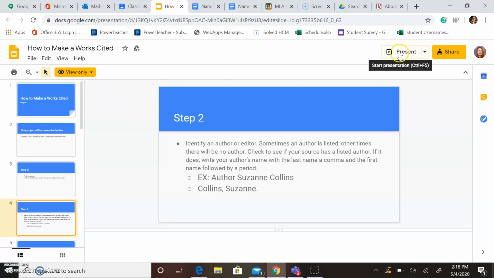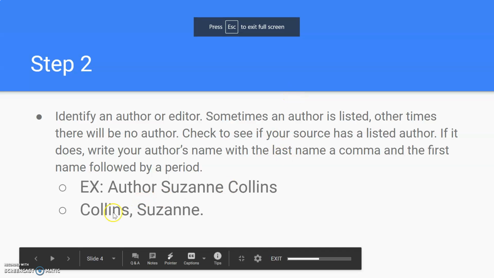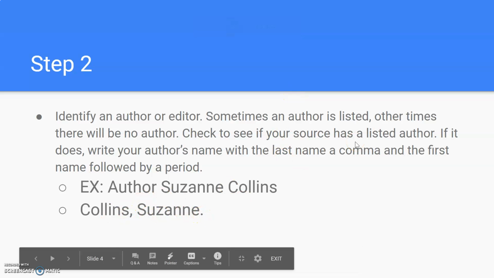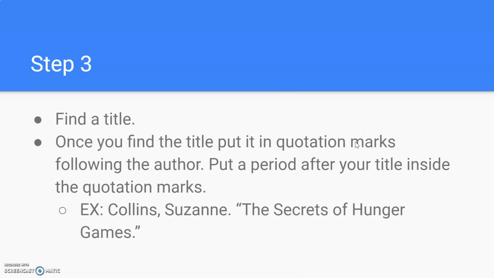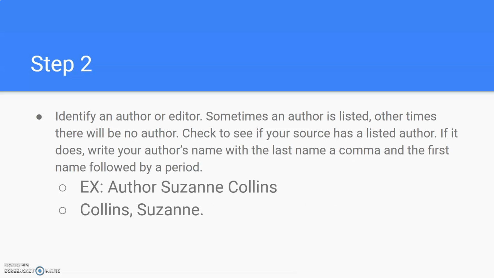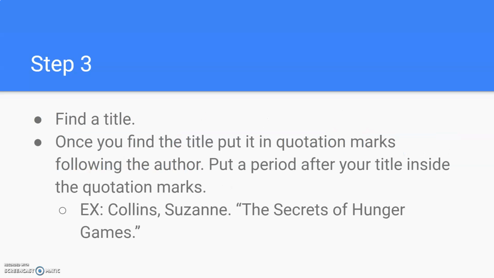If you find an author, you're going to put last name, comma, first name, and then a period. Okay. If there's no author, you just skip this step. Next, you need to find a title. For you, that's probably going to be your name on every page that you find.